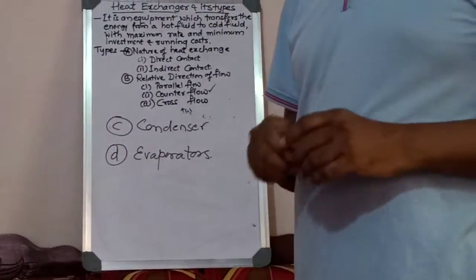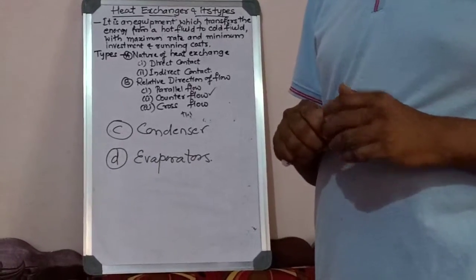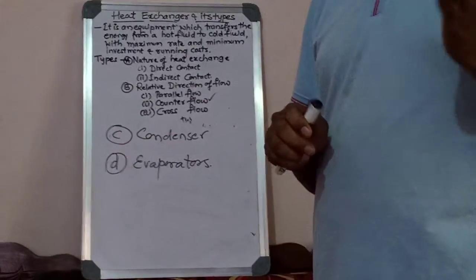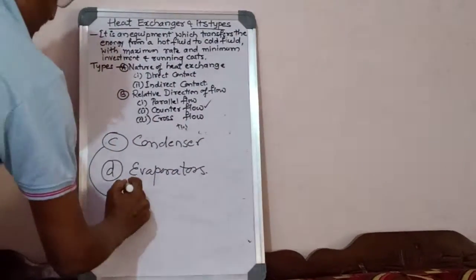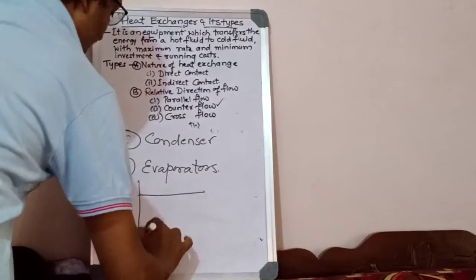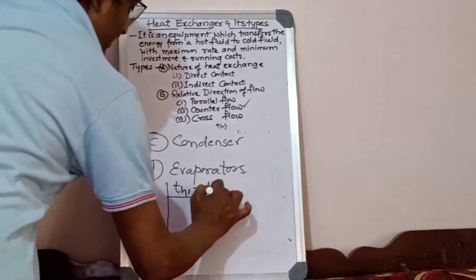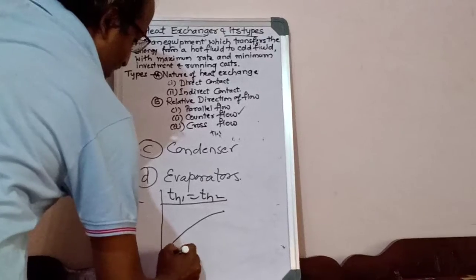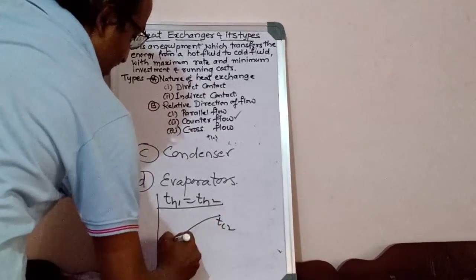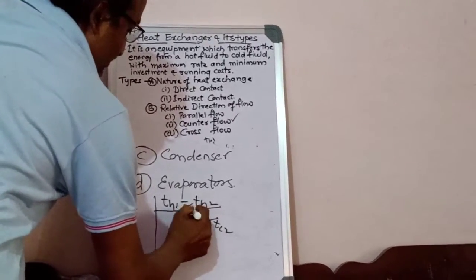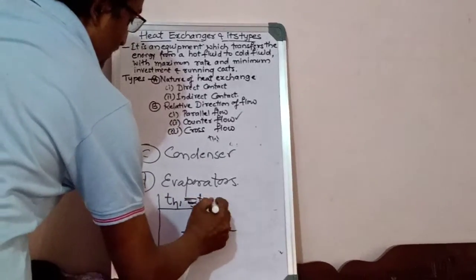In a condenser, the temperature should not change. Hot fluid will condense, meaning TH1 is equal to TH2. You can see for the condenser, this line is horizontal and this one is increasing: TH1 equals TH2, while TC1 to TC2 increases. The cold fluid temperature is increasing, but the hot fluid remains the same.